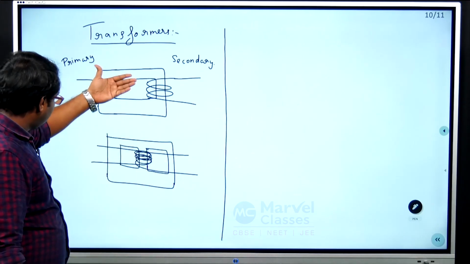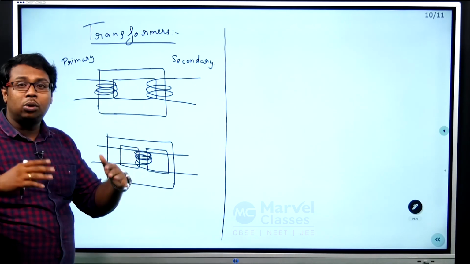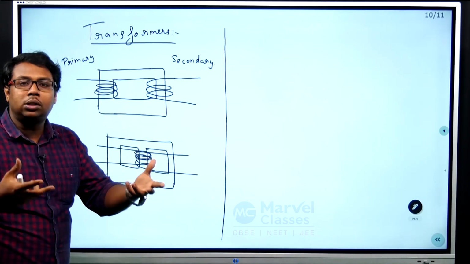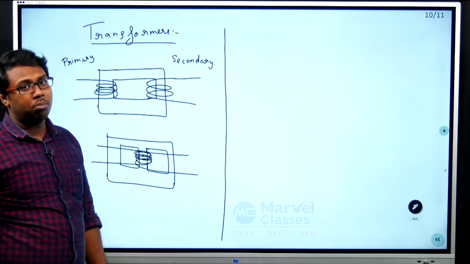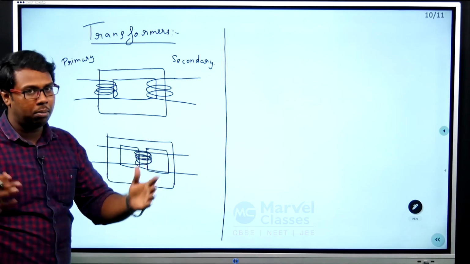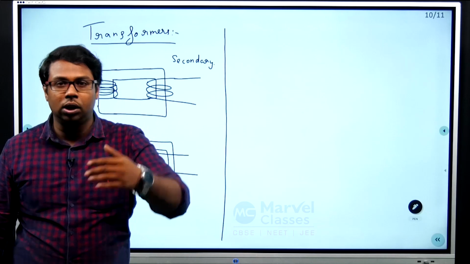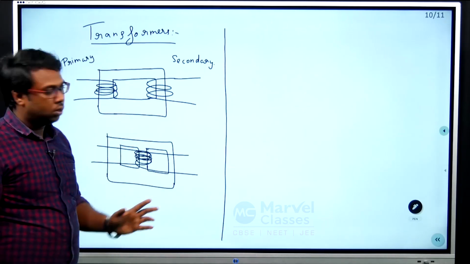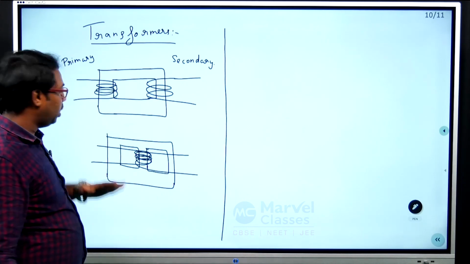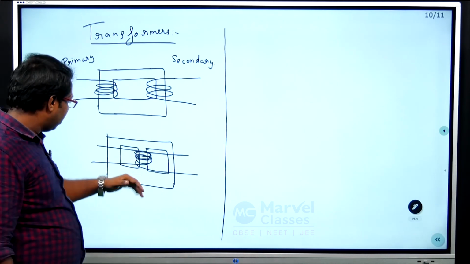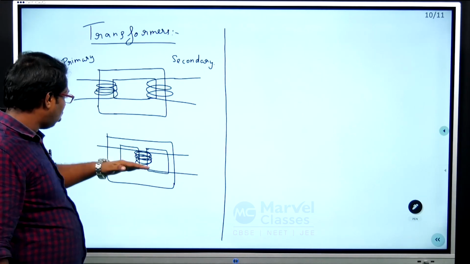The advantage in using this coil rather than this is you can reduce some loss in the magnetic flux. Why? Here you have an air medium or any other medium filled between the primary and secondary coil, which reduces the field strength. Here we don't have any other medium, so the flux loss is reduced.